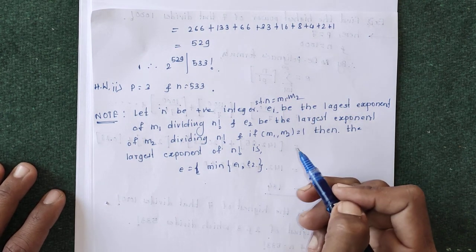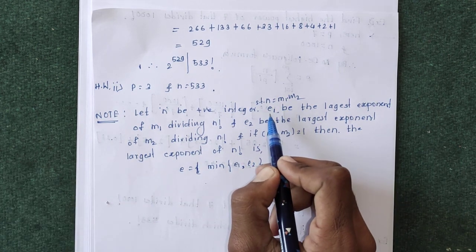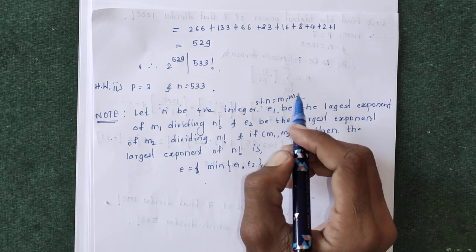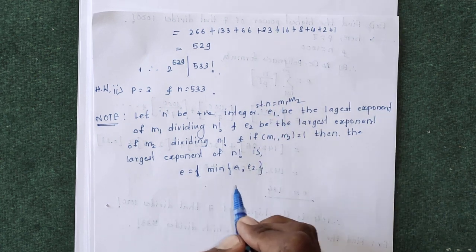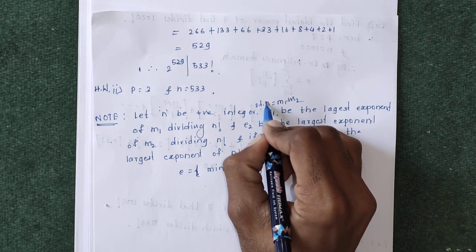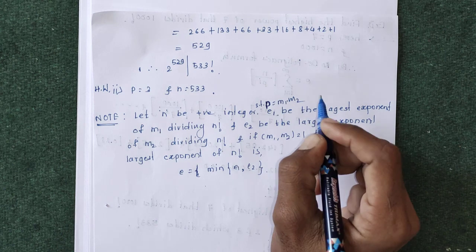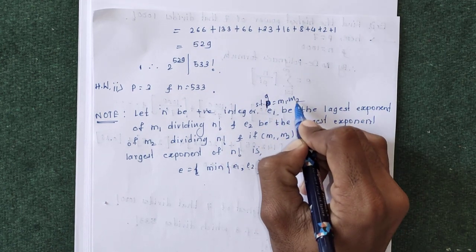Then the largest exponent of the number q, which is the multiplication of m1 and m2, dividing n factorial is the minimum of e1 and e2.